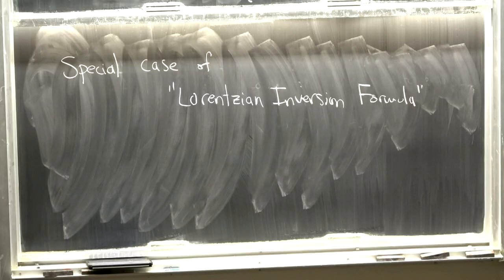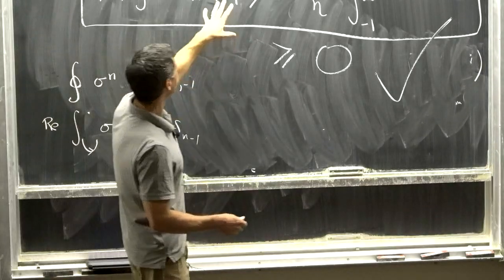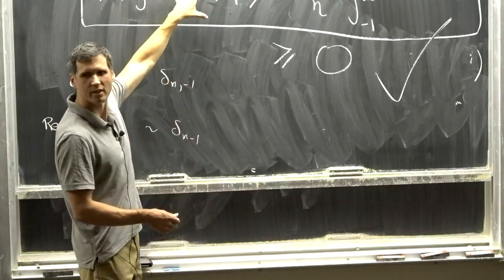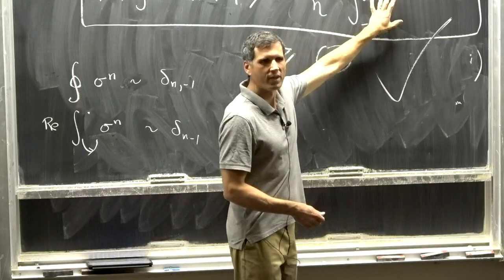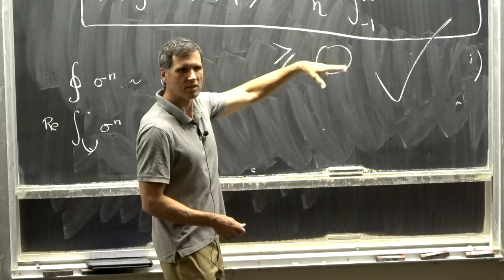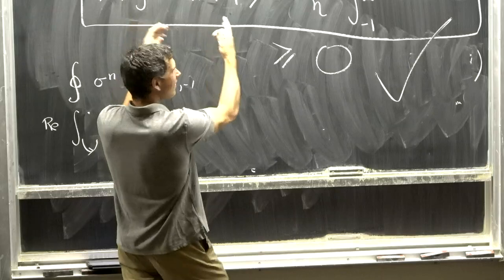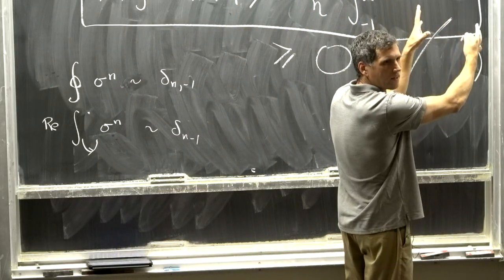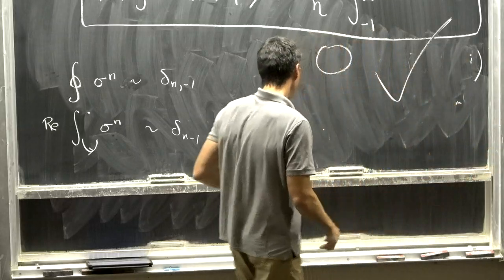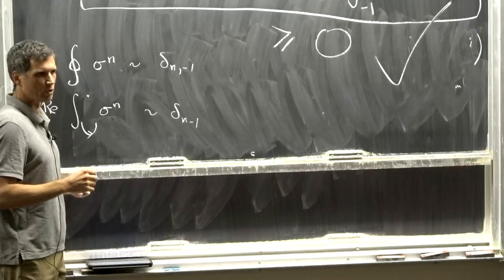I'm not going to write the formula. It has a similar flavor to what we did. Here we learned that these particular ANEC-type contributions could be extracted from the double discontinuity. And what the Lorentzian inversion formula does in a much more general setting is say that CFT data is equal to an integral involving the double discontinuity on the right-hand side. And you can extract everything about the theory that way, at least everything above some low spin, like 1 or 2.